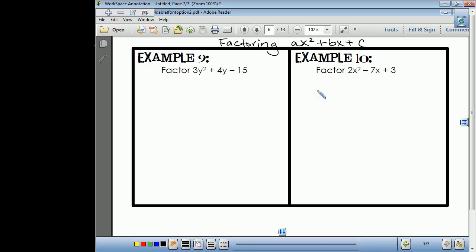Now, the difference between what we did yesterday and what we're doing today is these have a number out in front. Yesterday it was just always x squared or y squared or n squared. There was no leading coefficient. There was no a part. Yesterday this was always an understood 1. But today we're going to do it where there are different numbers.